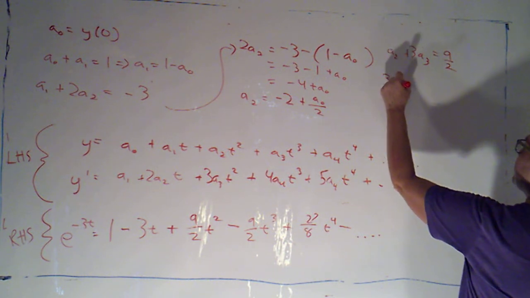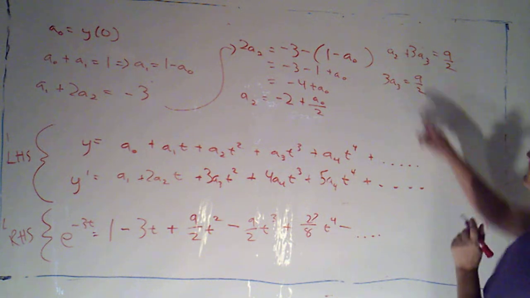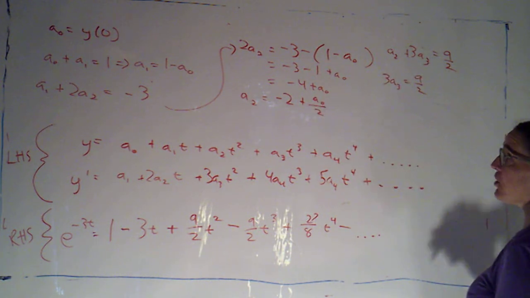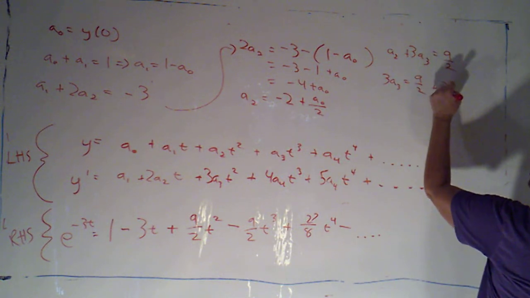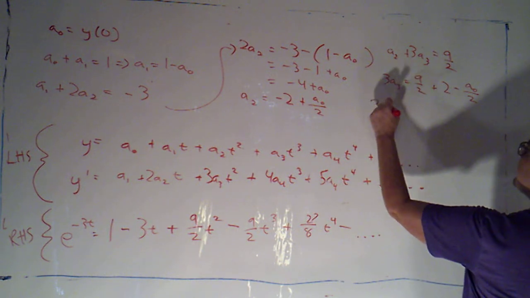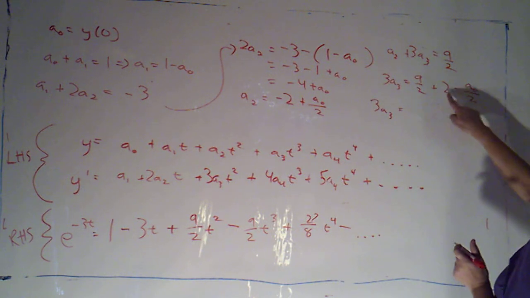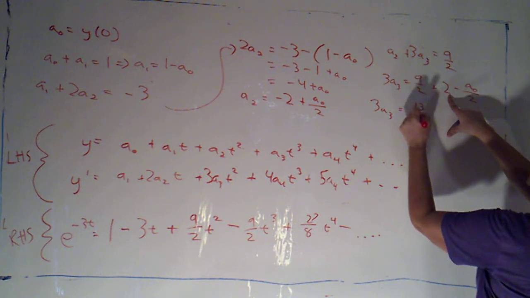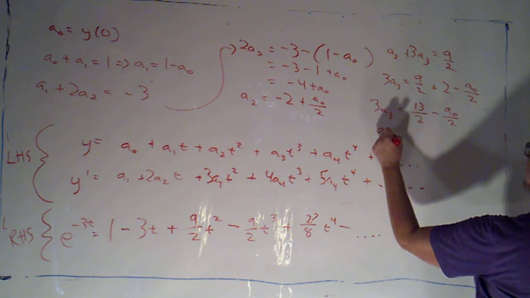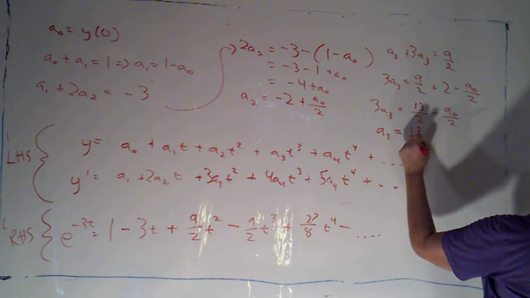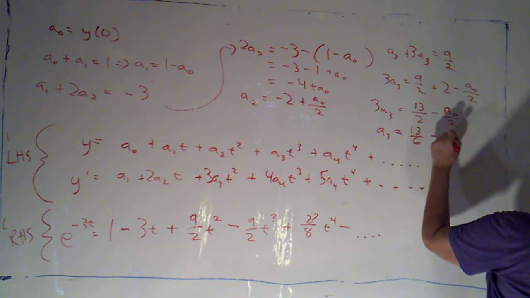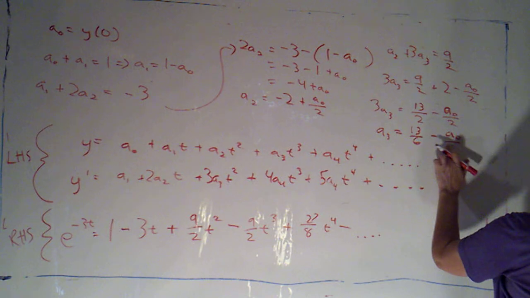So 3A3 is going to equal 9 halves minus A2. But if I subtract A2 over, that's going to mean plus 2 minus A naught over 2. So 3A3, that's 9 halves plus 4 halves. That's going to be 13 halves minus A naught over 2. A3 is going to be 13 sixths minus, it's an A naught, isn't it? Minus A naught over 6.